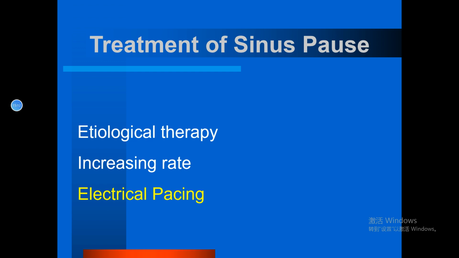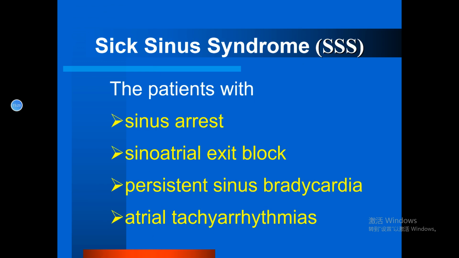And the last one, and also the most important one, is electrical pacing. Yes, we mentioned it just a minute ago. Electrical pacing is really important for clinical doctors. And most of the time we use dual-chamber pacemakers because it's more physiological for the patient.